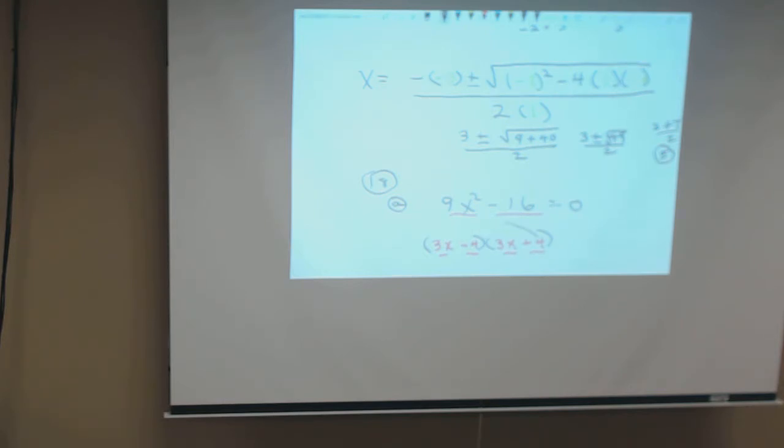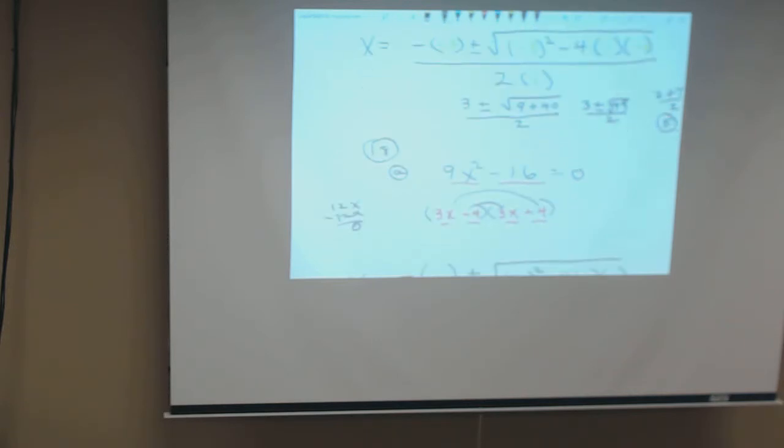Outside is 12x. Inside is -12x. Oh, it comes out to be 0. You see what happens? When you see one like this, there's no middle term because the middle term disappears. So the answer is either 4/3 or -4/3.